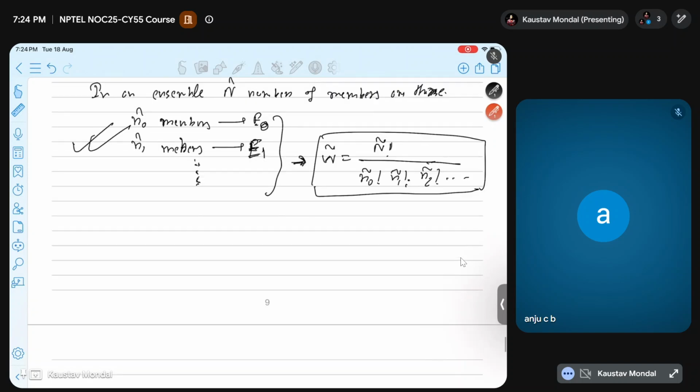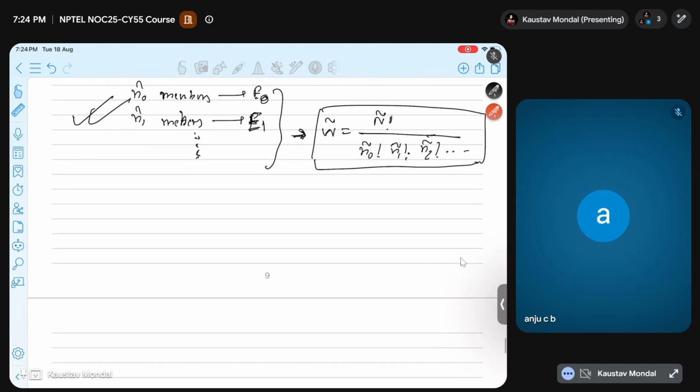Now to find out which configuration has the greatest weight, we also have to consider the constraint on the total energy, meaning the total energy of the ensemble.